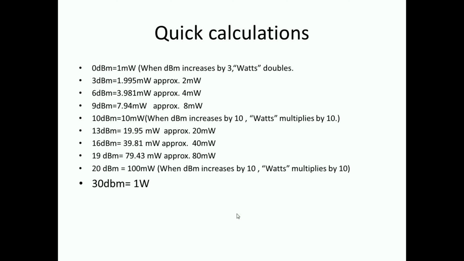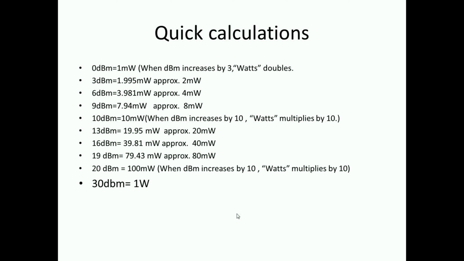So at 3 dBm it is 1.995, approximately 2 milliwatt. At 6 dBm it is 3.981, which is about 4 milliwatt, and at 10 dBm it is 10 milliwatt. For every 10 dBm increase, the watts multiply by 10.